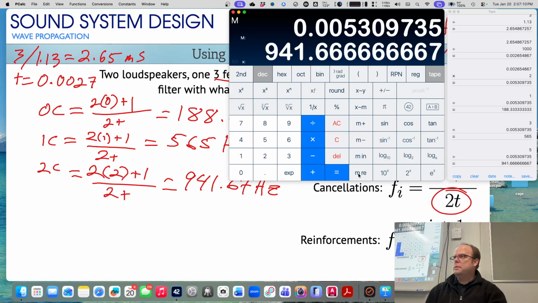Ben got that one. Can you go a little bit slower? So you do 2 times that 0.005309 number? Well, no, the 0.0053 has already been multiplied by 2. T is 0.0027, right? Yes, that's what t is, but the equation is 2 times t, right?